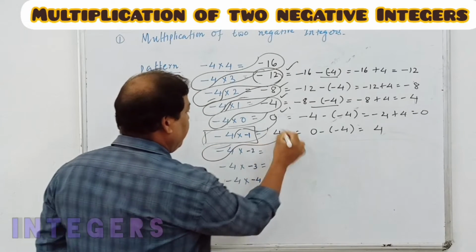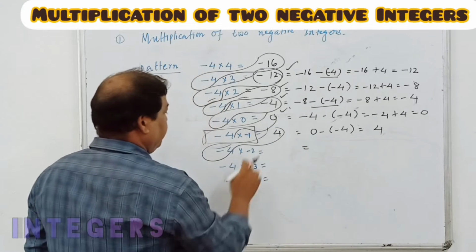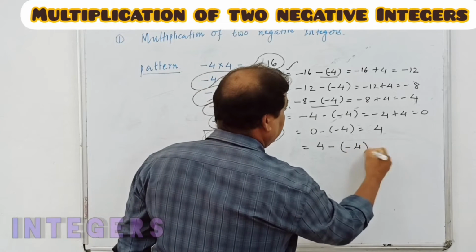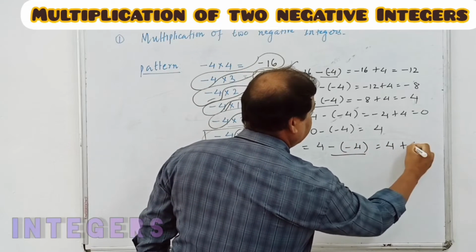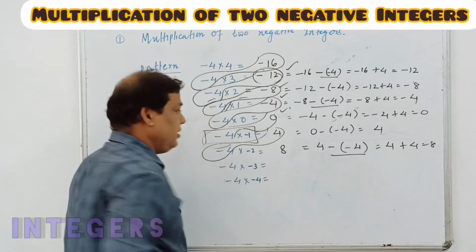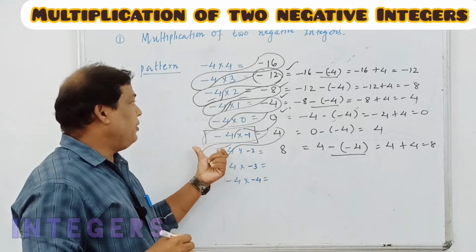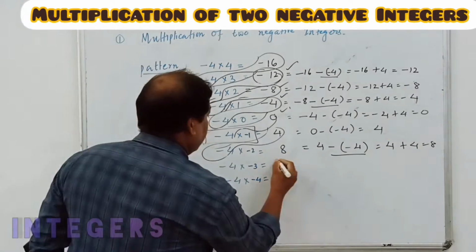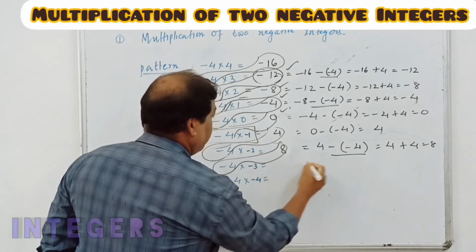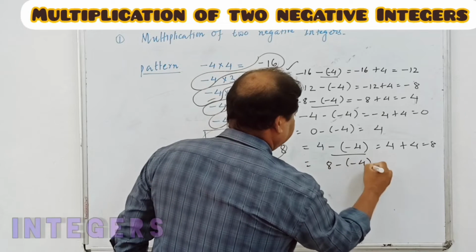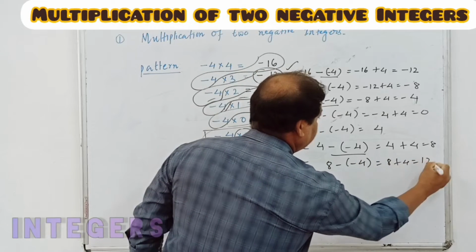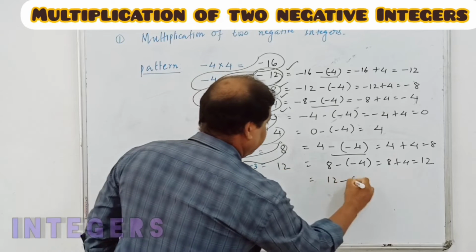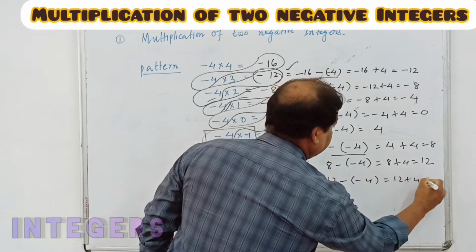So we will do the same pattern here. 4 subtract minus 4: the additive inverse of minus 4 is plus 4, so that is 8. So here is 8. Here also, a negative integer times a negative integer becomes a positive integer. Now 8 minus minus 4 is 8 plus 4, that is 12. Then 12 minus minus 4 is 12 plus 4, that is 16.